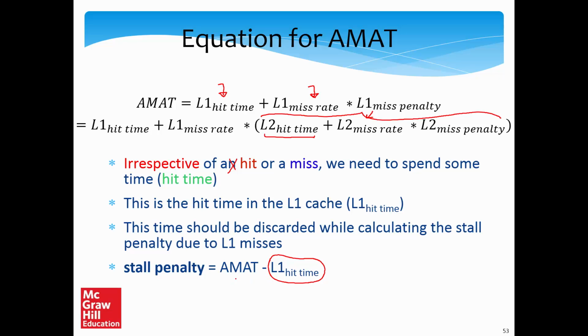The stall penalty will essentially be the average memory access time minus the L1 hit time, which means that this quantity over here is the stall penalty. And this quantity can further be expanded as L1 miss rate times L2 hit time plus L2 miss rate times L2 miss penalty.